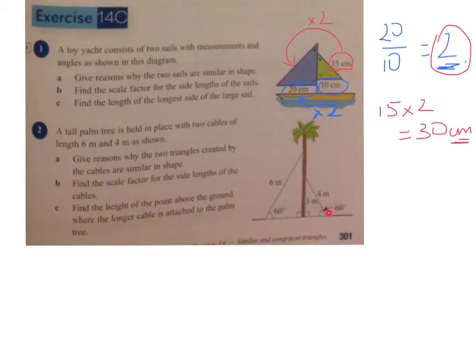Find the scale factor. So we've got to match this side with that side. It's not as obvious, but we do our thing: 6 divided by 4. We use a similar sort of thing as what we did up here. So then you've done that. Find the height of the point above the tree. So it's this one here, we want to find this length here. I'm just going to highlight that in red here.